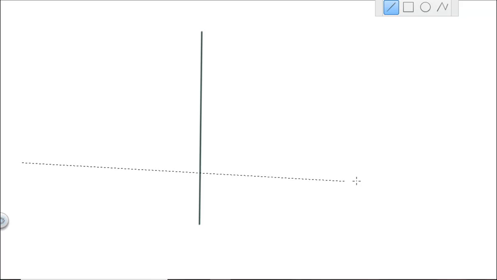Let us draw it. I will take the y-axis and the x-axis. Let it be x, y, and this be your origin. This is x dash, this is y dash.